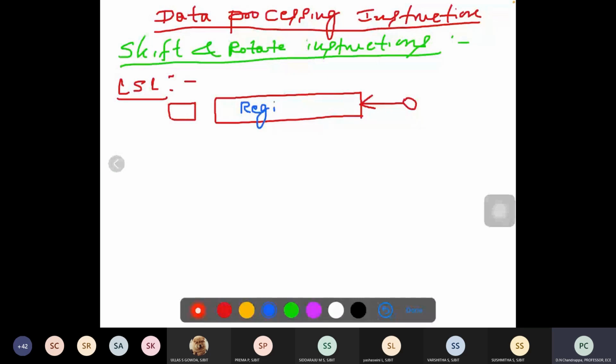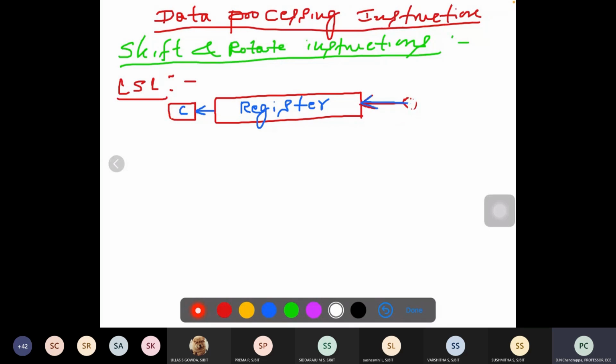So I will write it. See here, that is the representation. This is the register, and here will be the carry. So from the LSB, 0 is introduced.